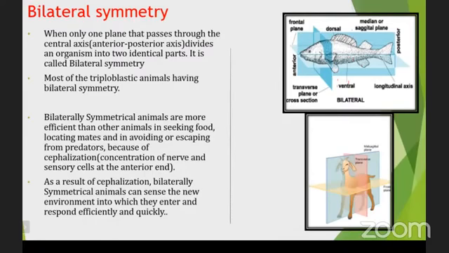Bilateral means here also we have symmetry, but only one plane, the central axis plane, divides the organism into 2 identical parts. Most of the triploblastic animals have bilateral symmetry.